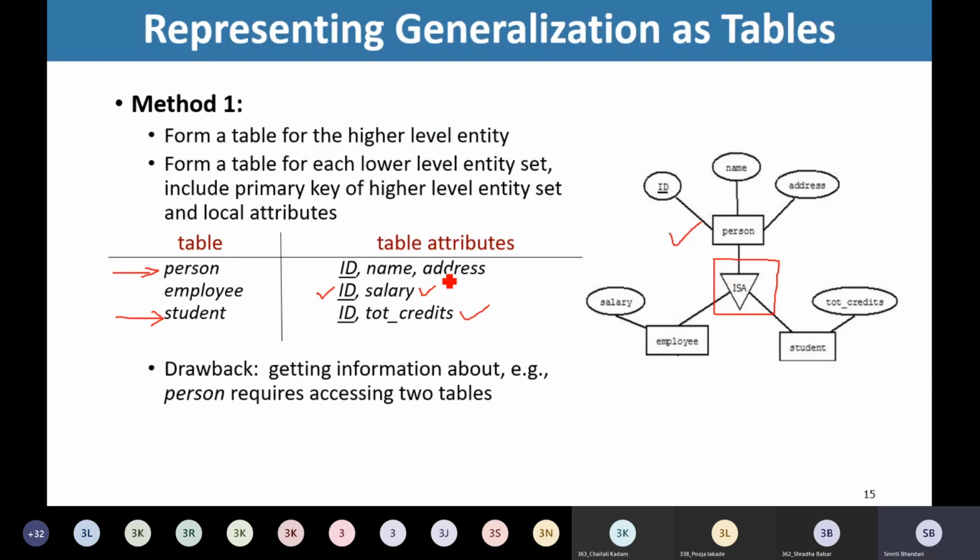So every time I want to get all the information about a person, I always need to use two tables. And that might be one of the drawbacks of this type of conversion into tabular form.